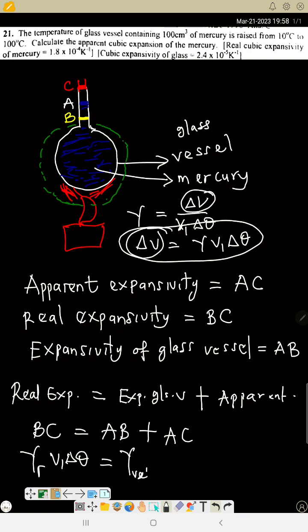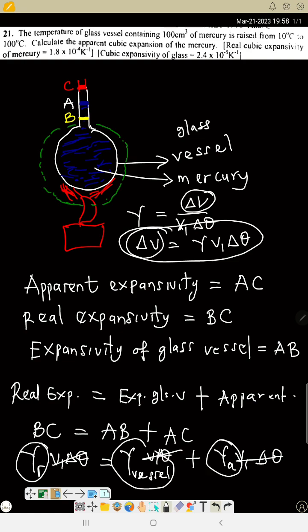So gamma of the vessel, V1 change in theta, plus AC. From A to C is the apparent, so the apparent expansivity, I'll use gamma A, then V1 change in theta. Here too is change in theta. So V1 change in theta is common to the three. Then it will remain this, this, and this.